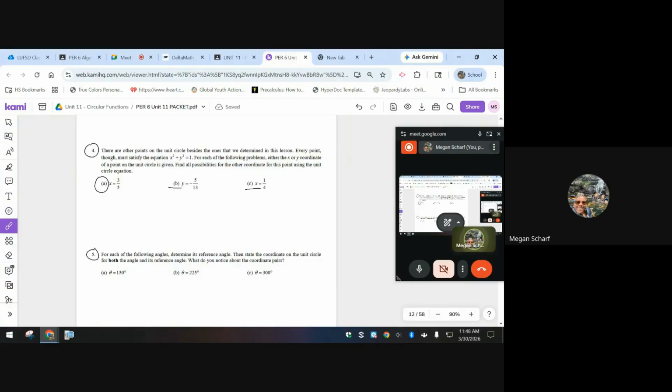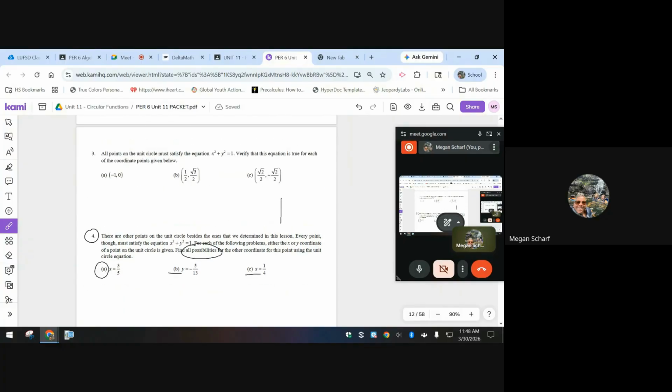Okay, so this point, they're saying the X value is 3/5. I want you guys to find the matching Y value. But it says find all possibilities, right? Because remember what we just learned. If X is positive, my Y value could be positive or my Y value could be negative.